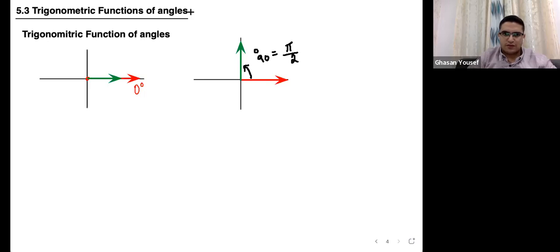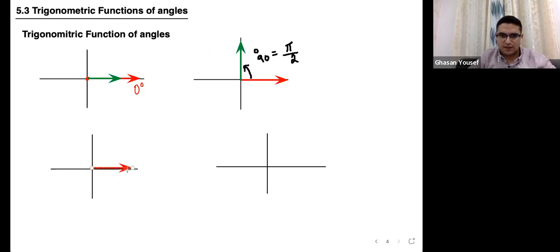The third angle you should know is, as I said, for all of them the initial side is the positive x-axis. Here's the positive x-axis for all of them.